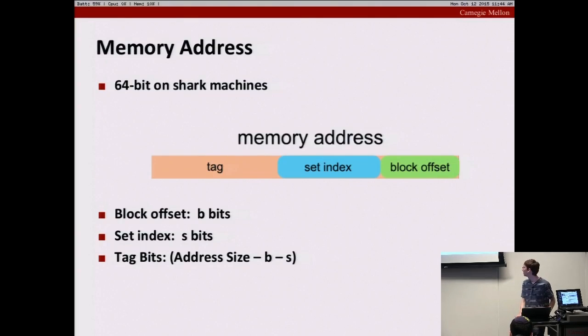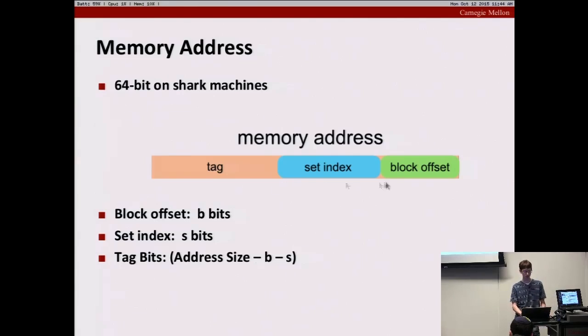These parts are a tag, a set index, and a block offset. The exact sizes of how many bits go into each of these depends on the implementation of the cache. In Cache Lab, you'll be implementing a cache simulator that takes in how many bits go into each of these 3 parts as its parameters, and simulates a cache with that design.